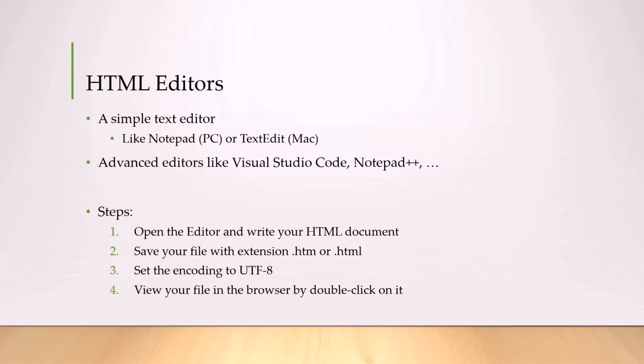How do we write an HTML document? There are simple steps. You should just open your editor and write your HTML document, what you want your browser to show you as your content. Save your file with the extension .htm or .html. Be sure that you set the encoding to UTF-8.